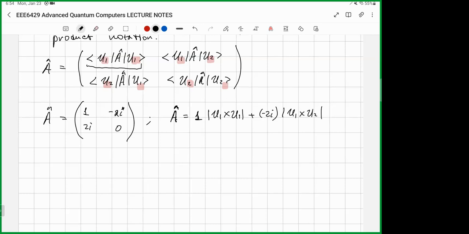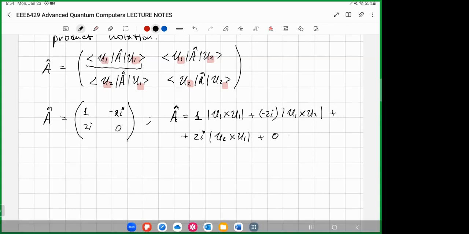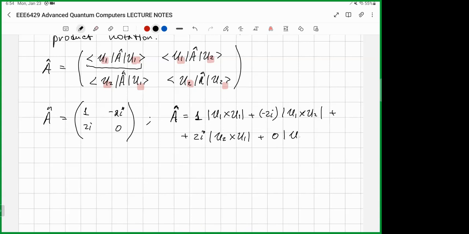Because this is the element 1 2, so I multiply by the product of u1 by u2. Then plus this element 2i, and the vectors are u2 u1, because this is element 2 1, and finally plus 0 times u2 u2.